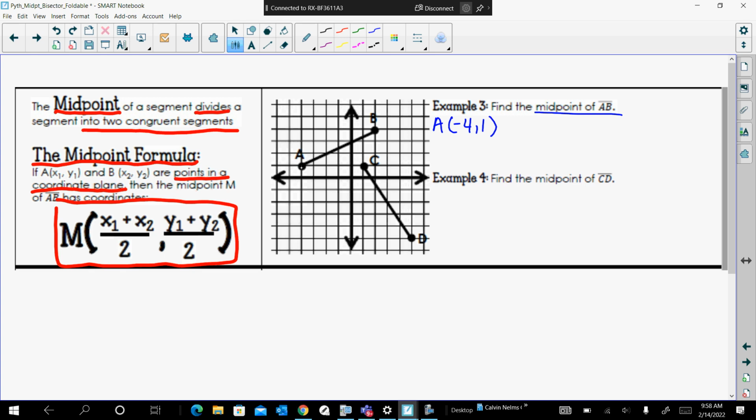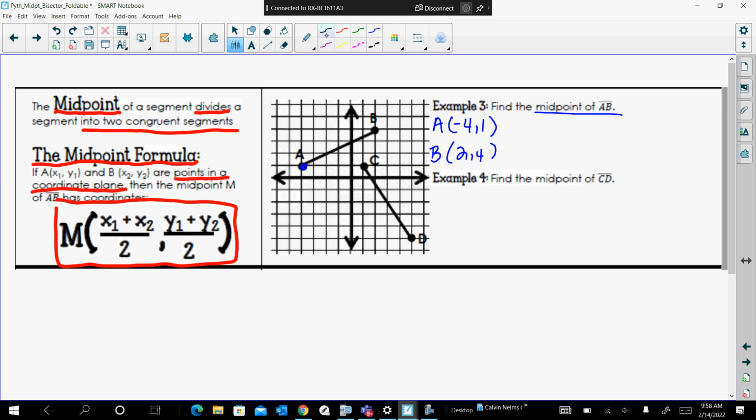To the left 4, up 1 gets me that point A. All right, we need also the coordinates for B. Can you find it off the coordinate plane? It is 2, comma 4.